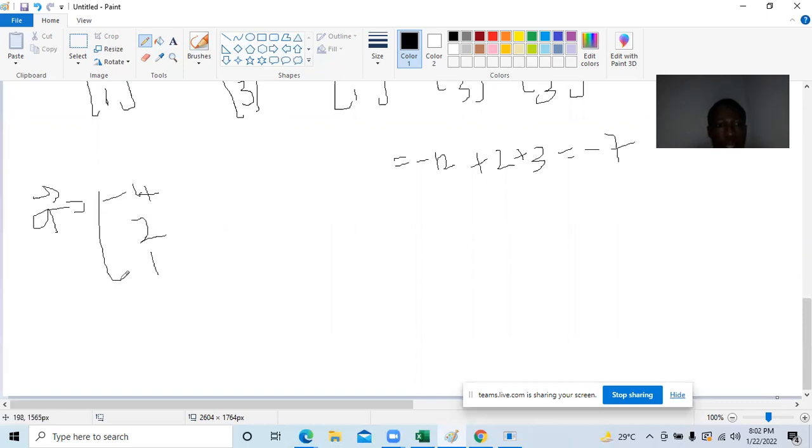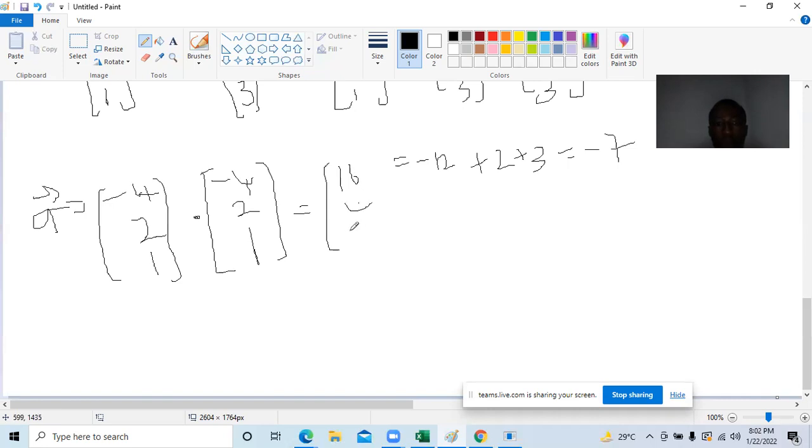So the dot product of vector A with vector A is going to be minus 4 times minus 4, that's 16. 2 times 2 is 4.